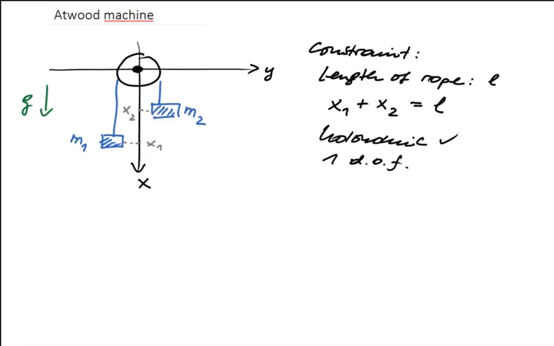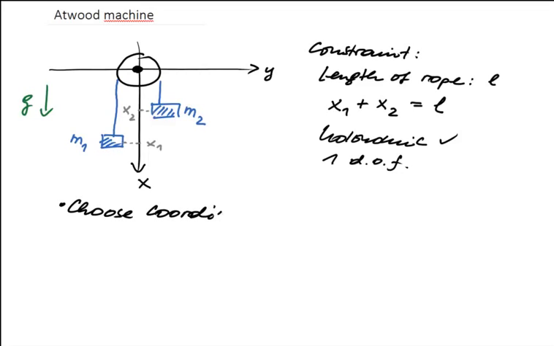Knowing this constraint, you look for a suitable coordinate. And you may choose one of the two positions, either x1 or x2, as your only coordinate. Let's say we choose x1 to be our coordinate.